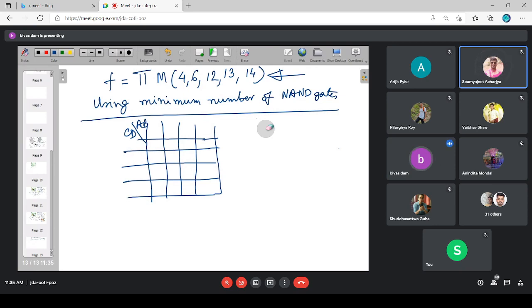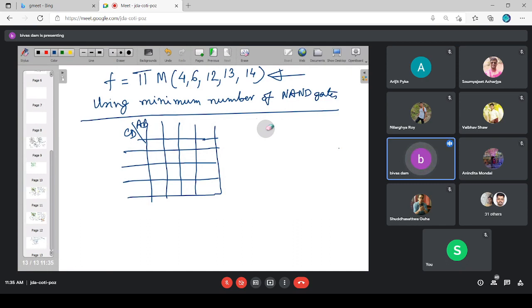Here the maximum index value is 14, which can be expressed very easily using a minimum of 4 input variables. So we shall assume that the function has 4 input variables.